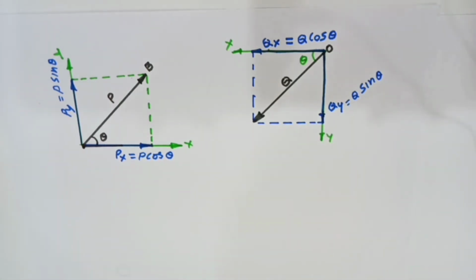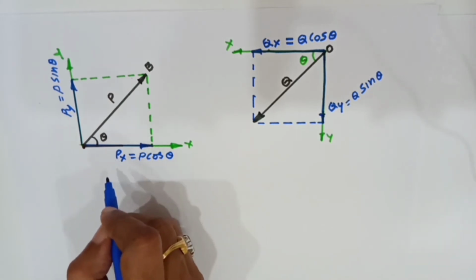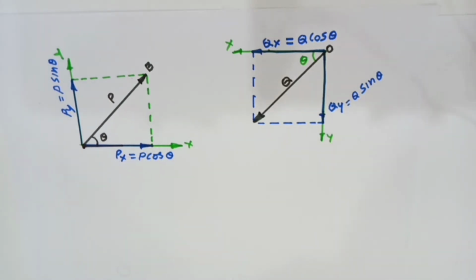Next, the sign conventions for components depend upon the placement of the body and the application of the force. If the force travels in the first quadrant, then both the components are positive. If the force travels in the second quadrant, the horizontal component is negative and the vertical component is positive. If the force is placed in the third quadrant, both the components are negative.